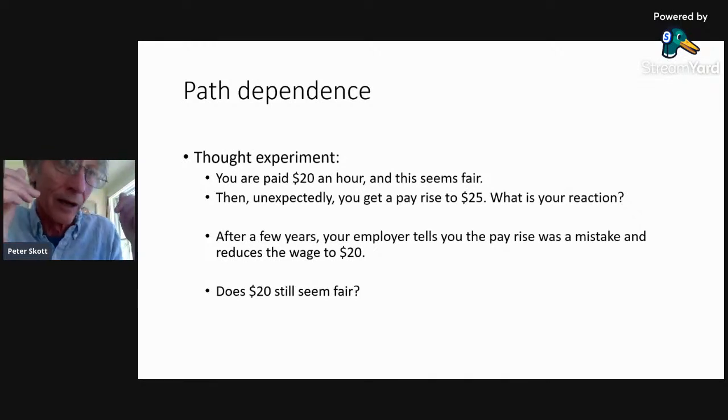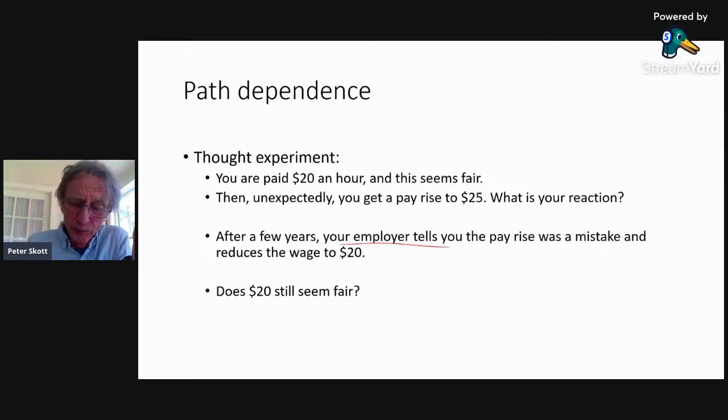That is what is fair. I'm being paid 25. I ought to be grateful. That's something that would quickly get eroded, and you start feeling, yeah, 25 is what is fair. So if after a few years your employer comes back to you and tells you, oh, that was a mistake, I shouldn't have given you 25. The fair wage is 20.